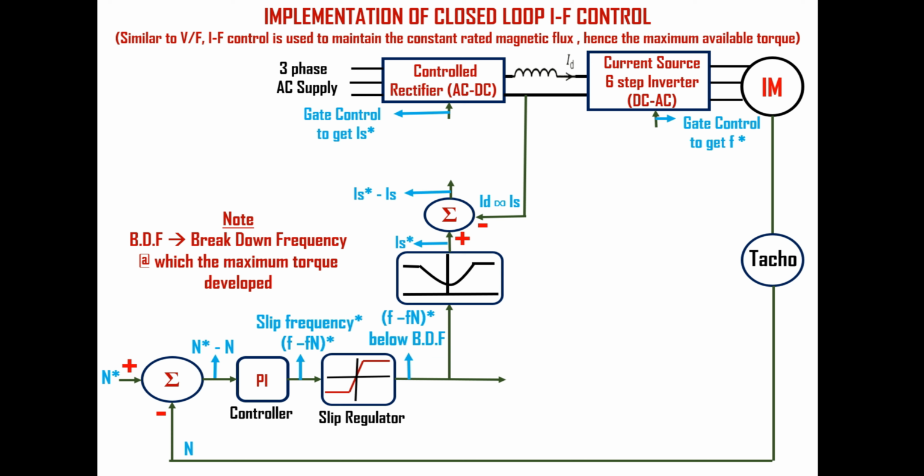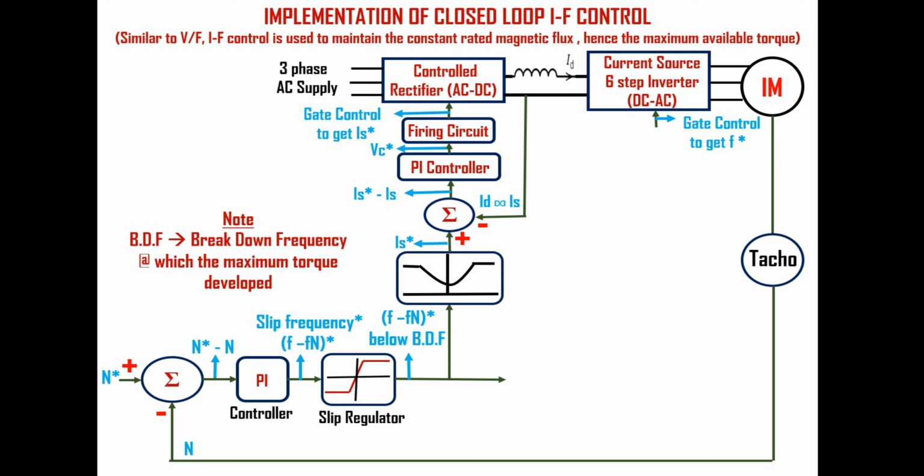Since we are using a current source inverter, DC link current Id is proportional to stator current Is. The error generator output will be Is star minus Is, which will be given to the PI current controller. Again, this PI current controller will try to make the input error Is star minus Is equal to 0.